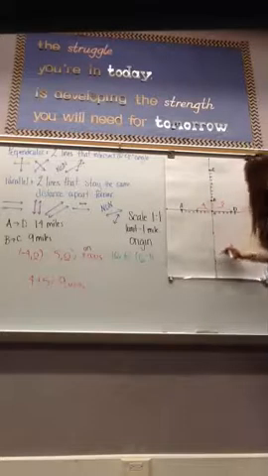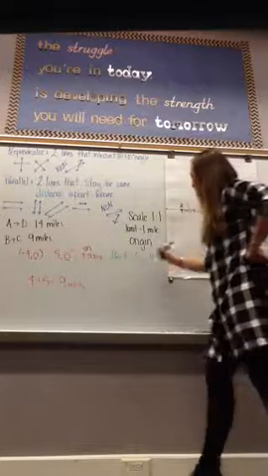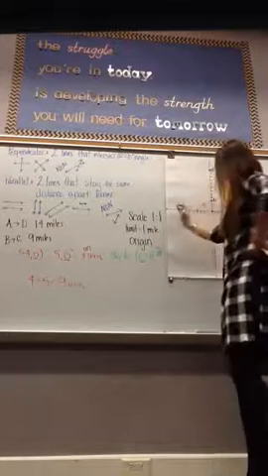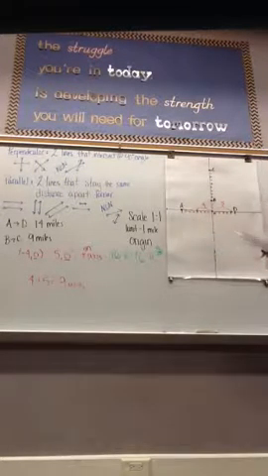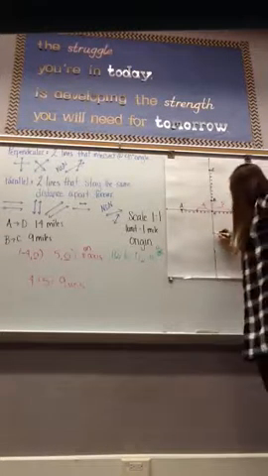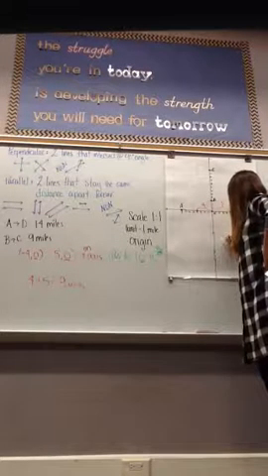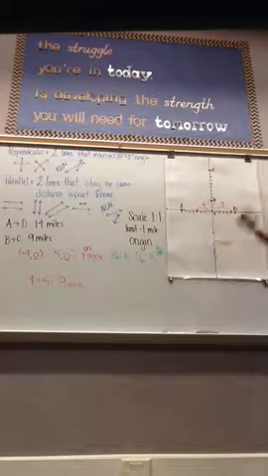Okay, so here's our 2 points now. So when our x-coordinates are 0, that means it's on the y-axis because we're not moving left or right. Okay, so now we can count 1, 2, 3, 4, 5. So it's 5 units from this point to that point.